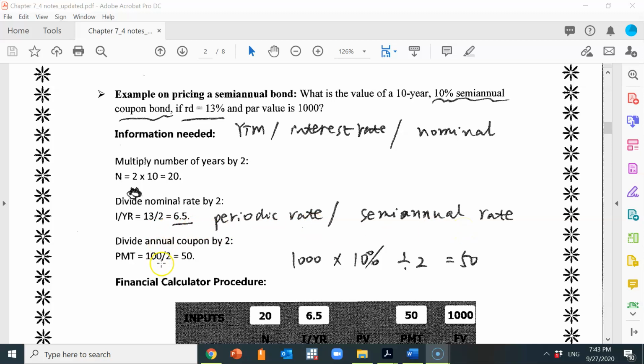For the coupon payment, we use the par value 1,000 multiplied by the coupon rate 10%. However, the 10% is the nominal annual coupon rate, so we need to divide by 2. So we know that the bond pays $50 twice a year.